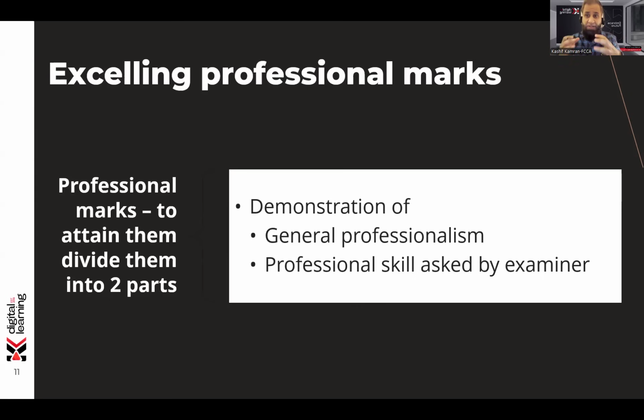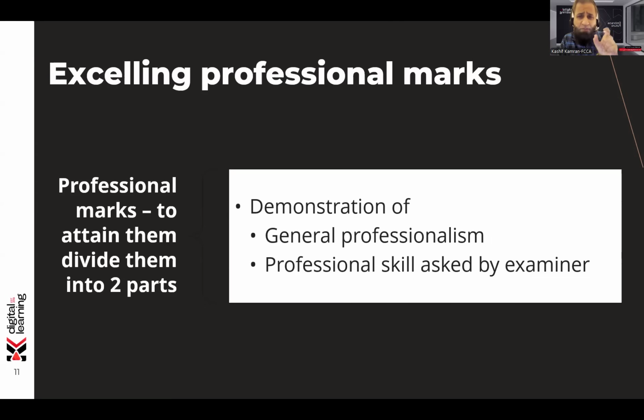That should be reflected in your answer. If it is reflected in your answer, you will get marks. Number one is the journal professionalism, which is so easy. And number two is the skill which the examining team is asking for under the task. Every task will ask you to demonstrate a skill. So you need to demonstrate that.